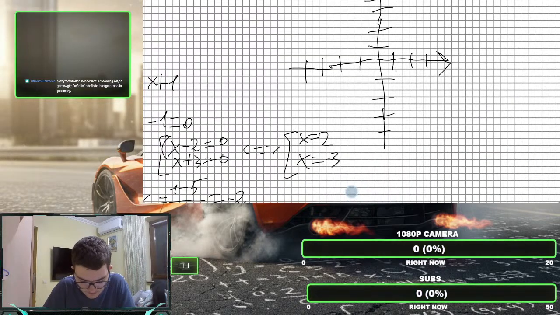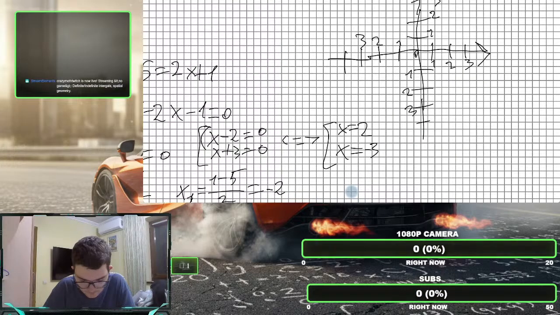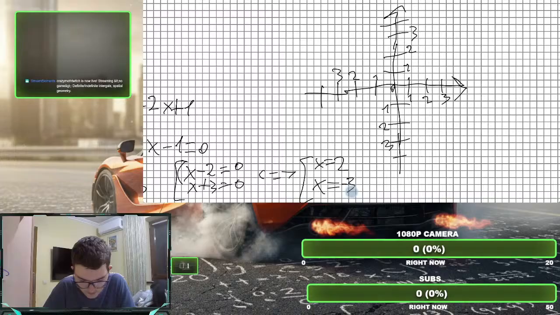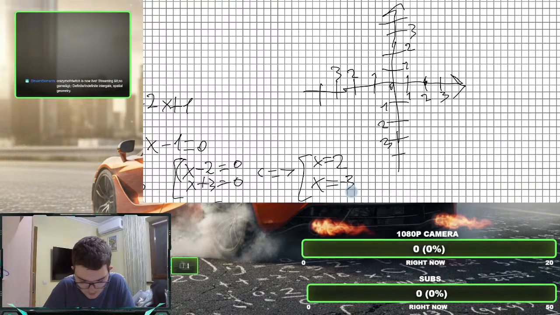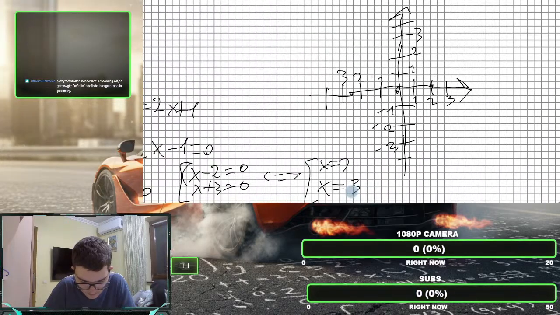So this is like 0 here, 1, 2, 3, 1, 2, 3. And there's one x on 2 and one x on 3, minus 3. So this is like the minuses. So 1 and minus 3, so the graph should be like this, I guess.